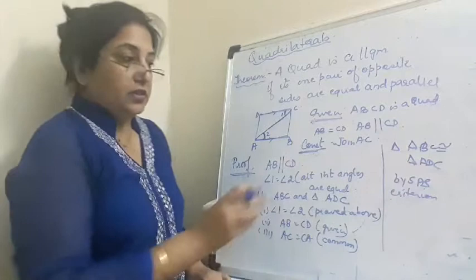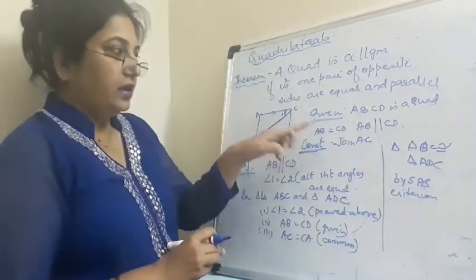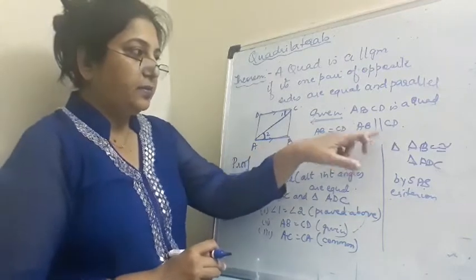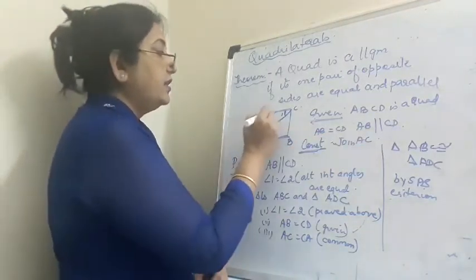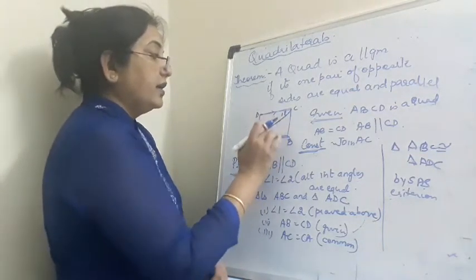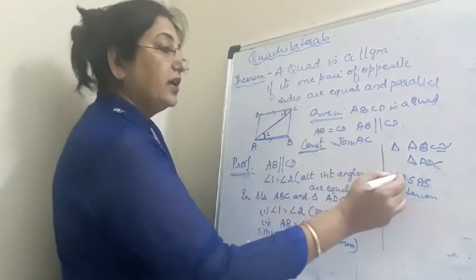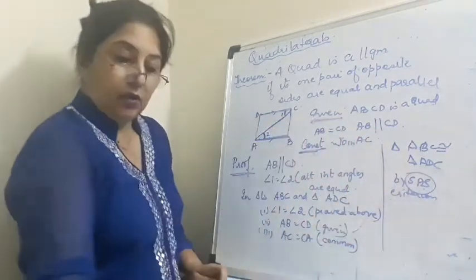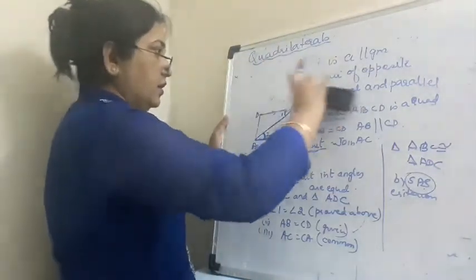So this part is clear to you: we draw the quadrilateral and write what is given, AB is equal to CD, AB is parallel to CD. We join AC, and since these lines are parallel, these alternate interior angles are equal. Then we prove the two triangles to be congruent by which criterion? By SAS.